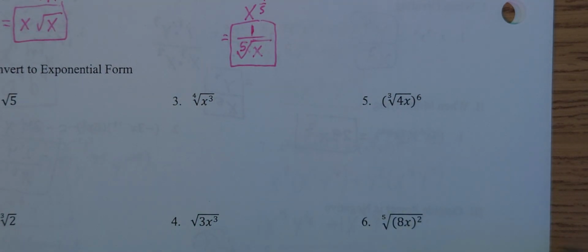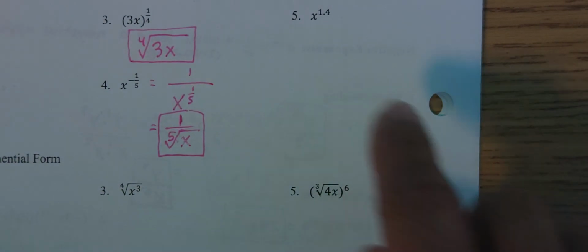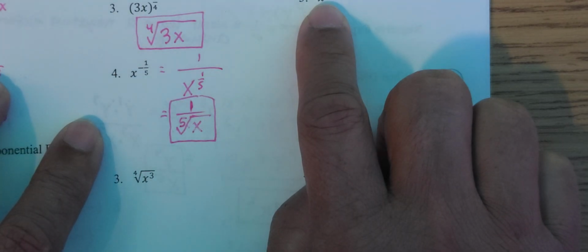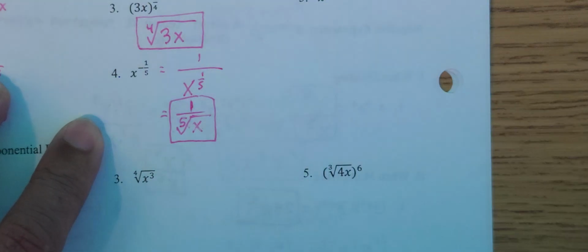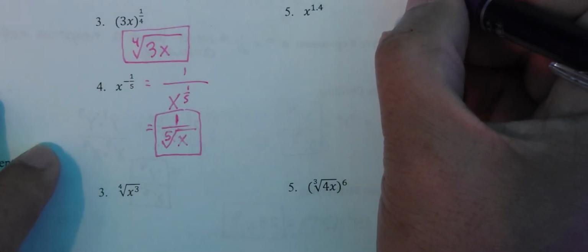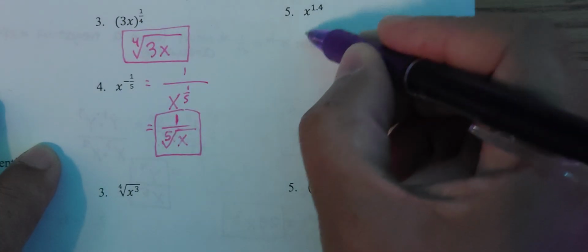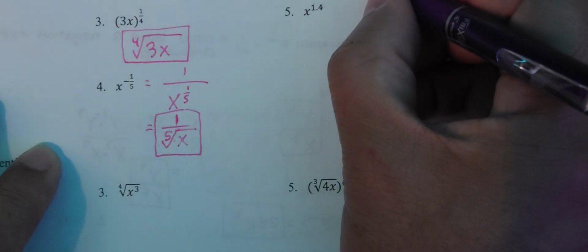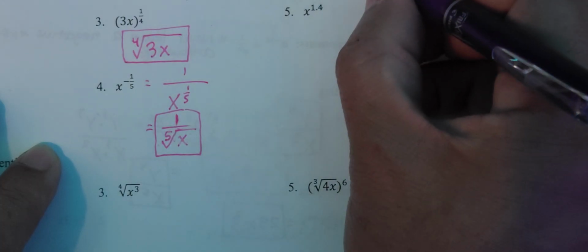All right, what about when you have a decimal as a power? I'm going to think about which fraction 1.4 is the same as. This is like saying 1 and 4 over 10, because 4 over 10 is 0.4 and you have 1. So I multiply 10 times 1, which is 10, plus 4.